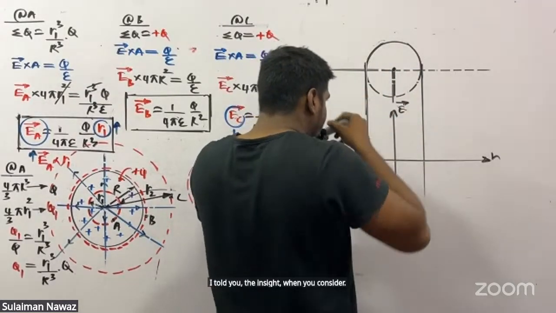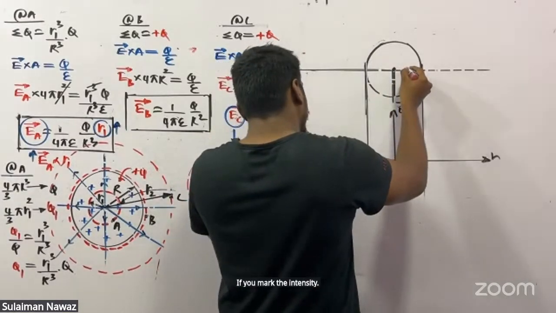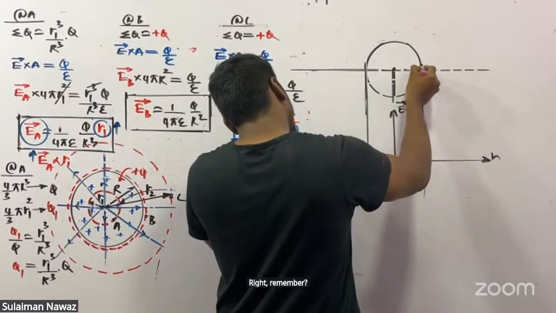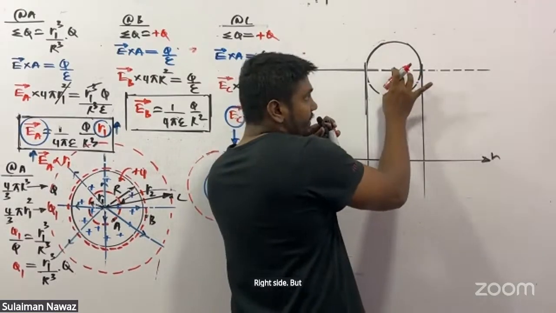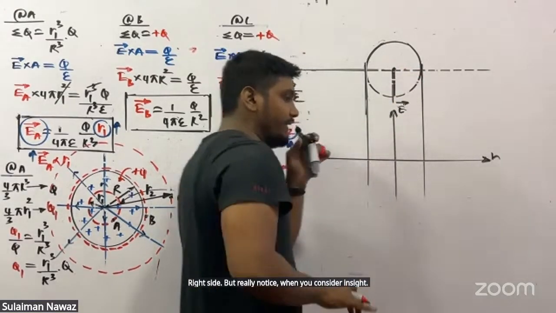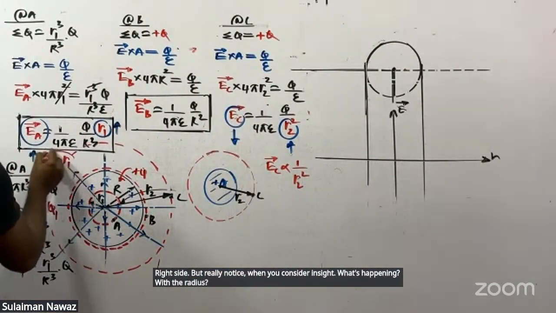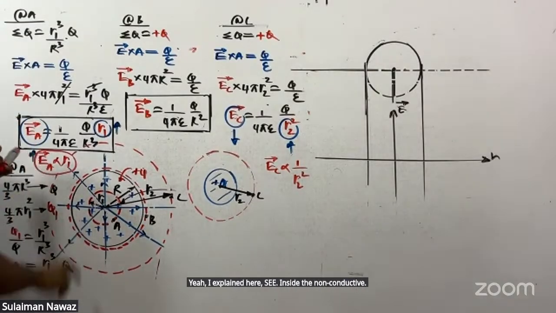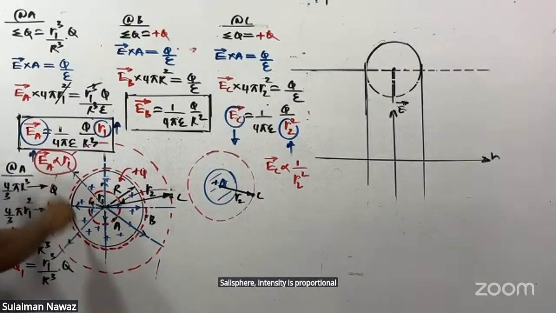If you mark the intensity, remember, intensity is going to be on the right side. But when you consider inside, what's happening with the radius? I explained here. Inside the non-conductive solid sphere, intensity is proportional to the radius r.